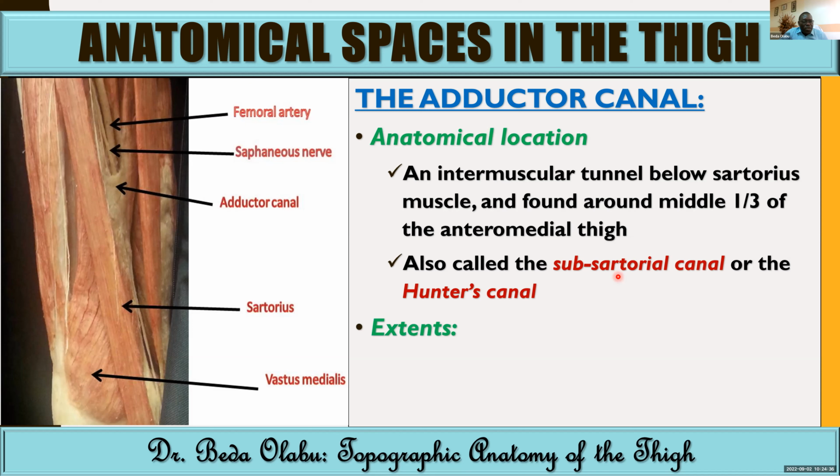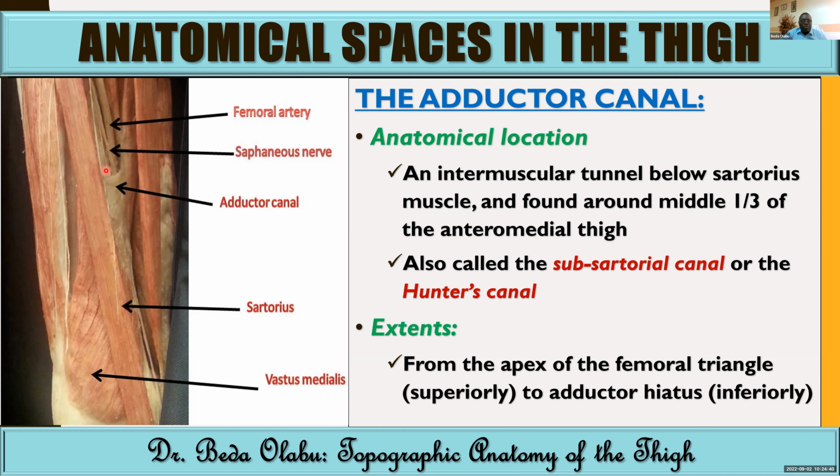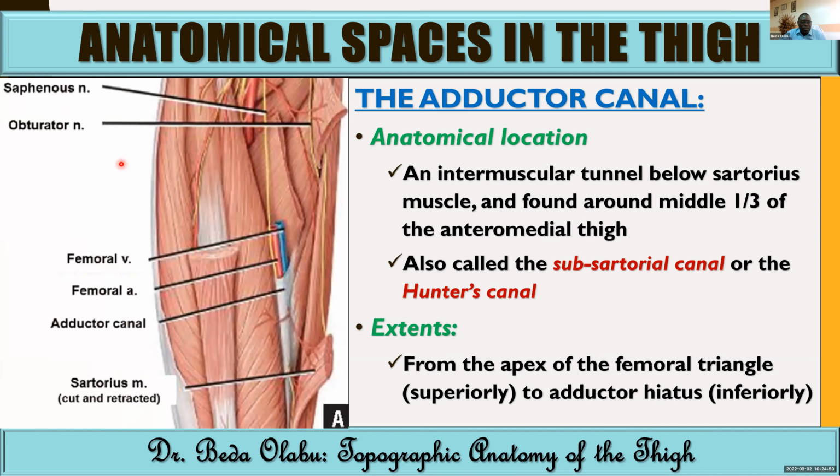It extends from the apex of the femoral triangle superiorly all the way to the adductor hiatus, that opening within the adductor magnus muscle. So this is the apex of the femoral triangle.